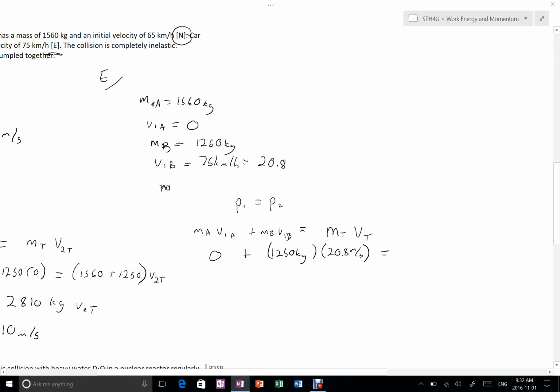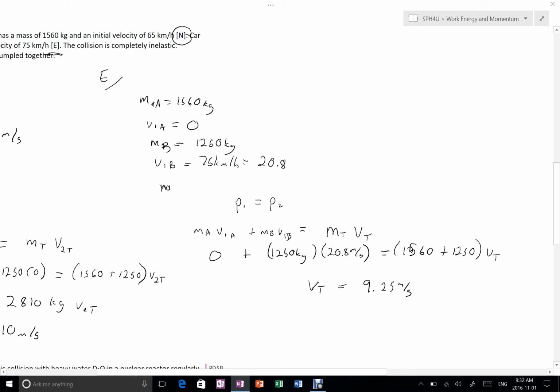The mass total is 1,560 plus 1,250, and then the velocity total. So I can just solve that directly. That's going to be 9.25 meters per second.